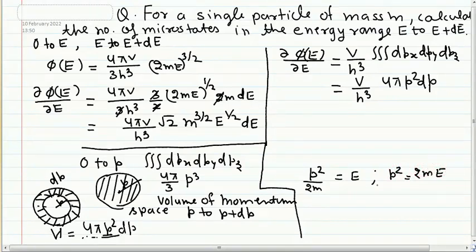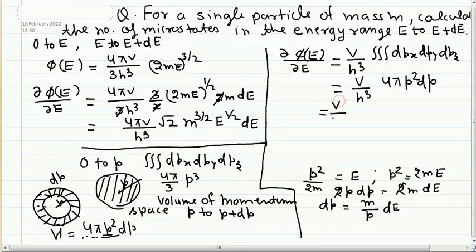So let us differentiate this equation. This differentiation becomes 2p into dp is equal to 2m into dE. So what is the value of dp? The 2 gets cancelled. dp is equal to m upon p into dE.